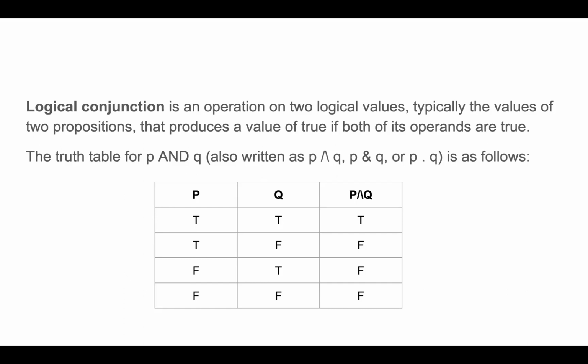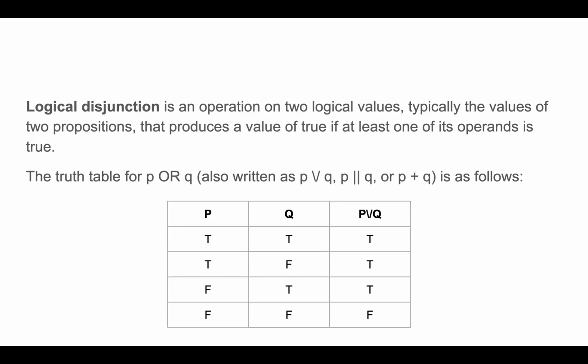If P and Q both have the truth value true, then and only then P and Q is true. Otherwise, if one is false, or both are false, P and Q is false.